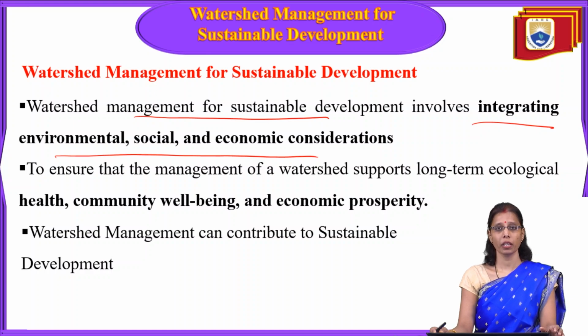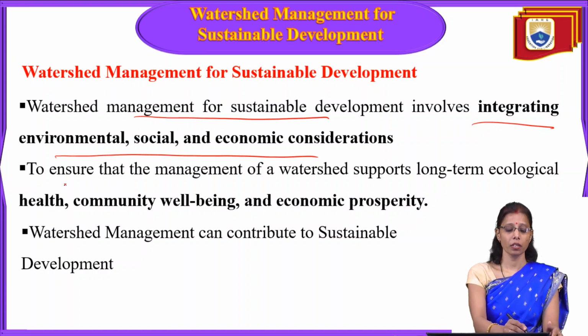Social considerations mean the activities in the environment should be controlled. Economic means we have to think about the growth of such an area based on saving and conservation of water. How can we develop that area? That is management for sustainable development.